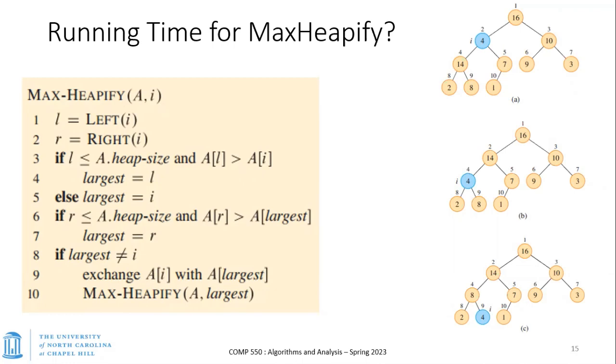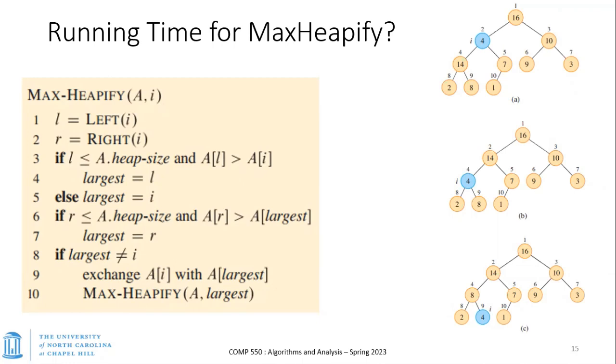We've already learned a number of tools. How would you start off to do a more rigorous analysis? Yes. Yeah. So whenever you see recursion, the first thing that comes to mind is the substitution method, the recurrence relation.